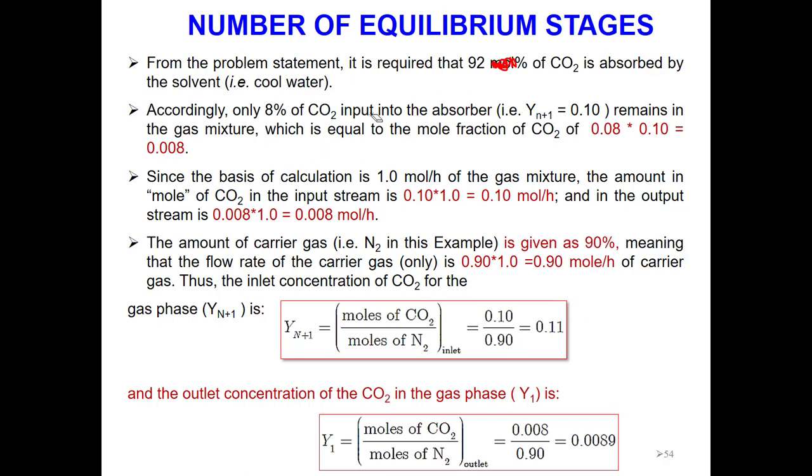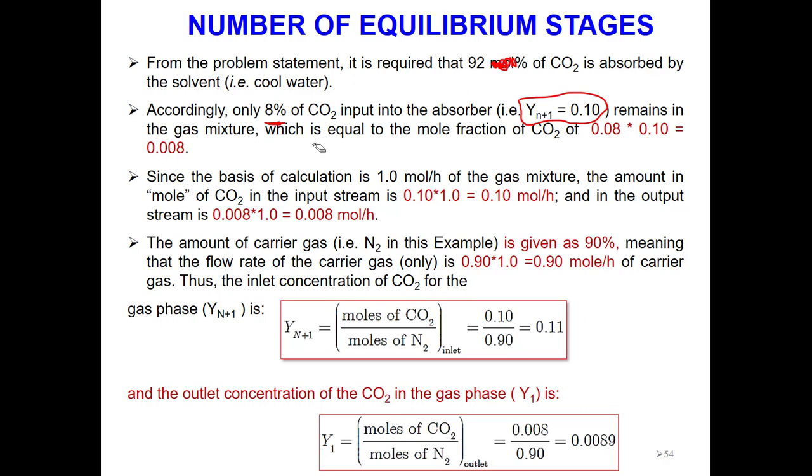as I said at the beginning, we have our gas, which has 10% CO2. We want to separate 92%. At the end, only 8% will remain.